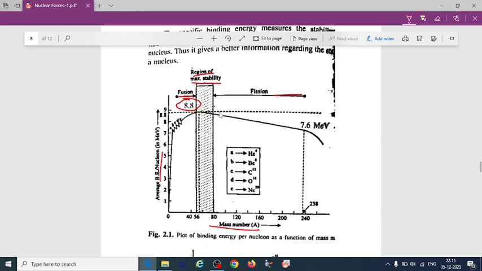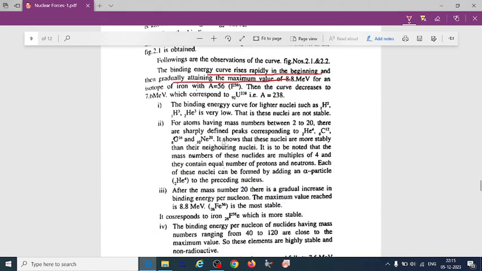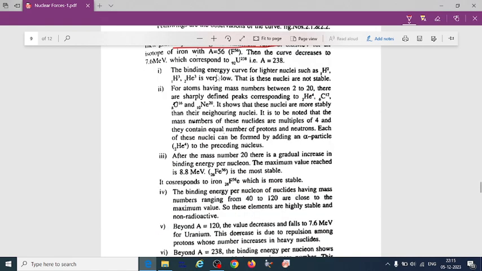After that, it gradually decreases up to mass number 240, that is uranium 238 and its isotopes. It reaches 7.6 mega electron volt. For lighter nuclei, the binding energy curve gradually increases, so it is very low and they are not stable.